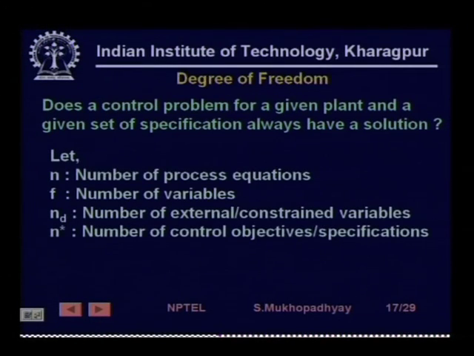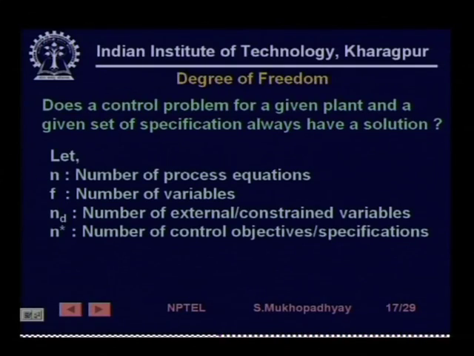For example, if n is the number of process equations, typically equated to the number of states, and f is the number of variables, and ND is the number of externally constrained variables. Sometimes they may be constrained in the sense that you cannot move them because of certain specifications. Sometimes they are externally coming, just like I said, some flow of some feed.